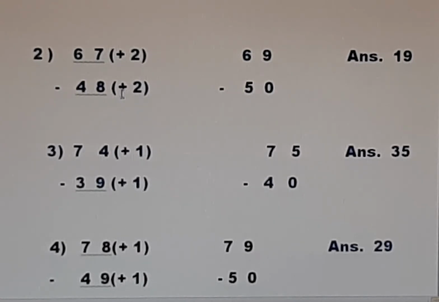That is the rule. The nearest base figure of 48 is 50, right? So how much will you add to 48 to make it 50? You will add 2. In the same way you have to add 2 to the higher figure also. So 67 plus 2 is 69.